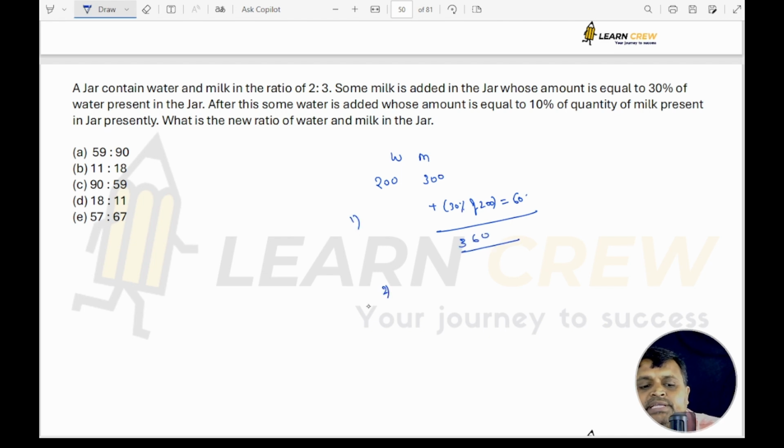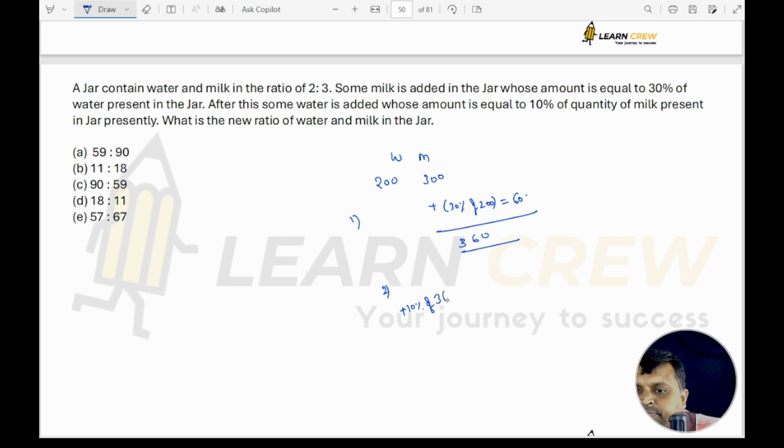And what is the second condition? Water added is how much? 10% of quantity of milk. Now how much milk is there? 360.